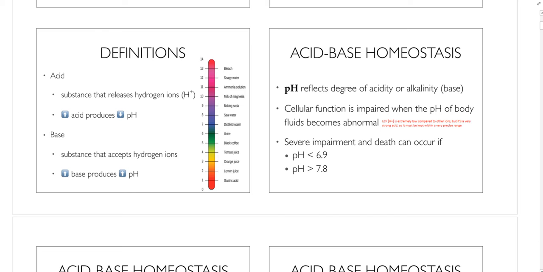Okay, so when we have alterations to pH, we're going to end up having dysfunctions to our cell functions.